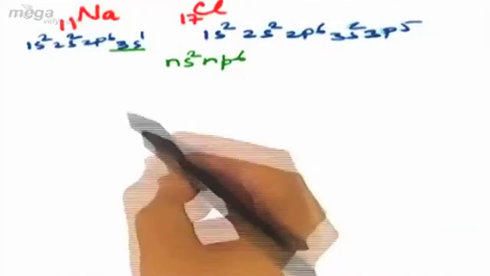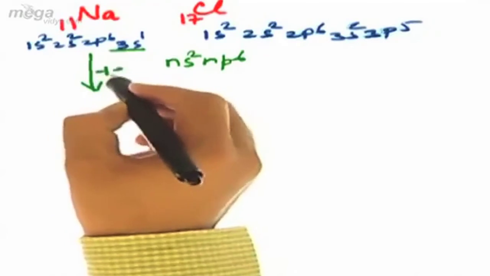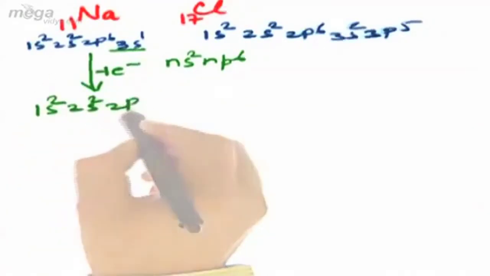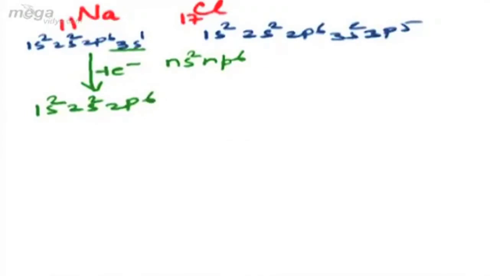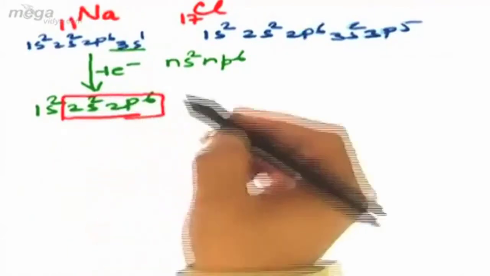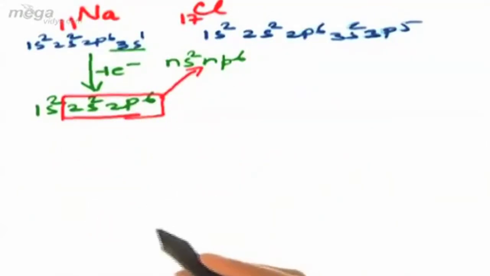So sodium will try to lose one electron such that its new configuration will become 1s2, 2s2, 2p6. Hence the outer shell, that is the second shell, has got 2s2 2p6 configuration which resembles ns2 np6. Hence it will now attain inert gas or stable configuration.